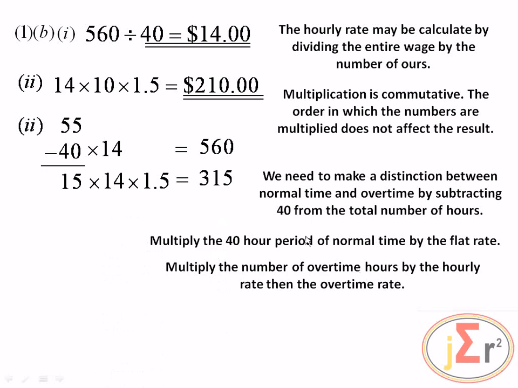So we have 15 multiplied by the normal hourly rate, then we multiply that by the overtime rate, and the result is $315. At the end, we need to add the results, and we get $875.